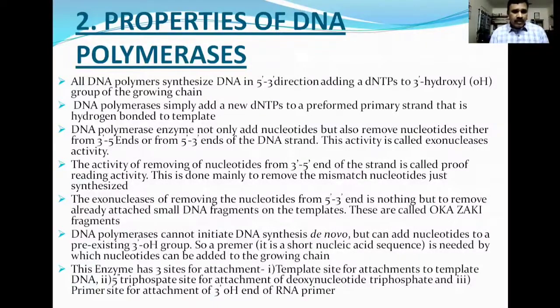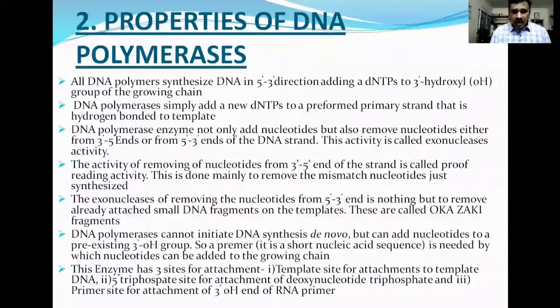Third property, DNA polymerase enzymes not only add nucleotides, but they can also remove nucleotides either from 3' to 5' ends or from 5' to 3' ends of the DNA strand.